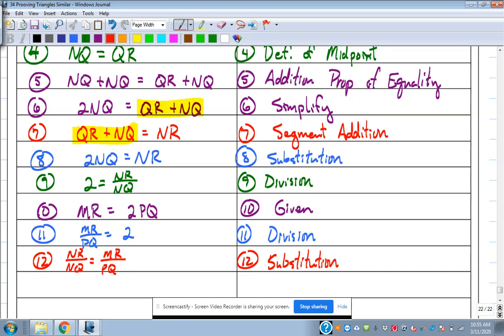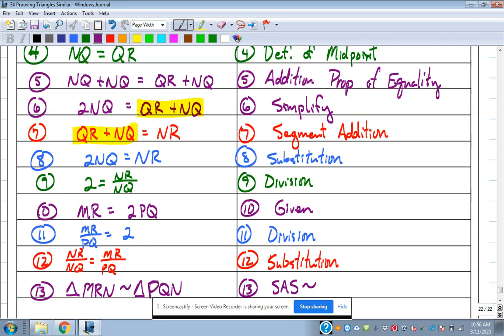And now we have two pairs of sides and the angle between them, which gives us our bottom line: triangle MRN is similar to triangle PQN by side angle side similarity. That one's a tough one, no doubt. It's long. And it's a tough one. That's good. To start. Okay.